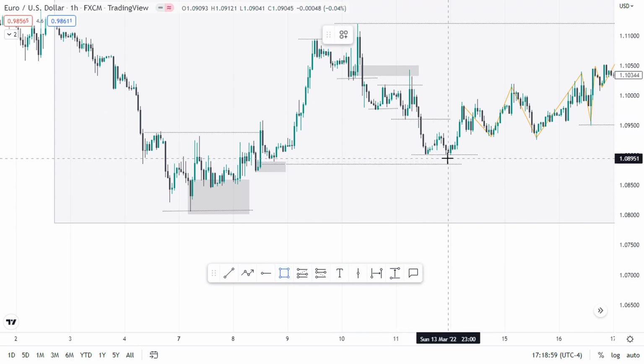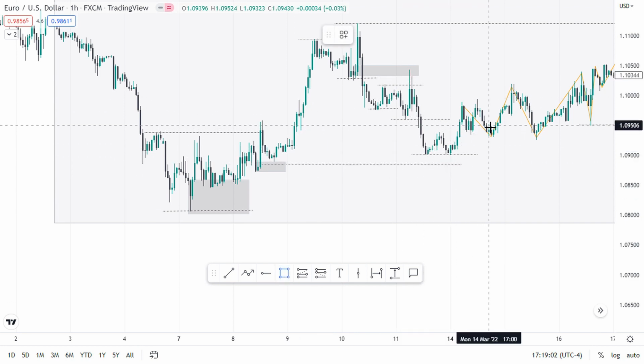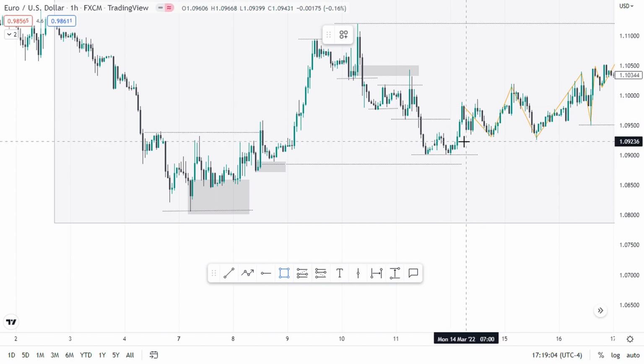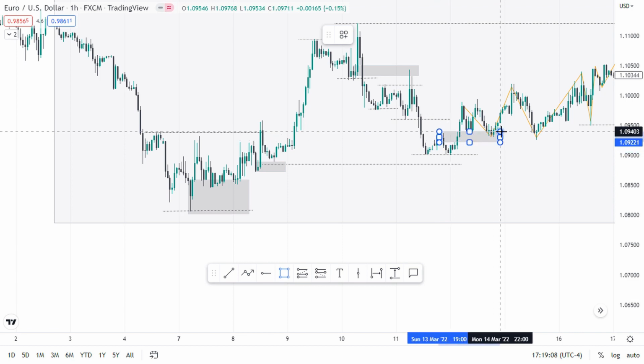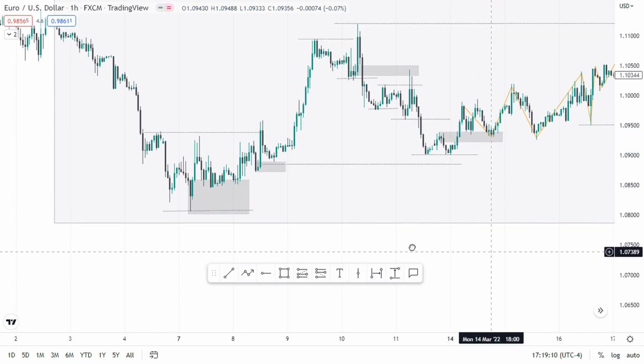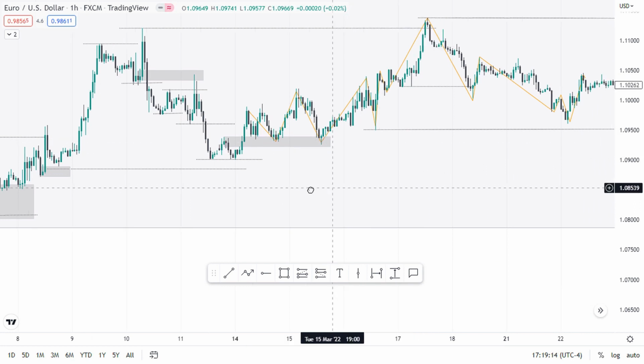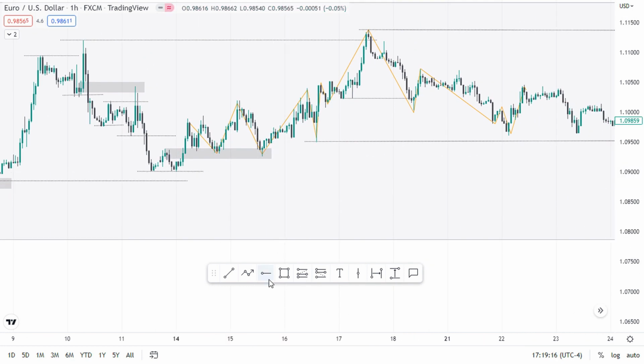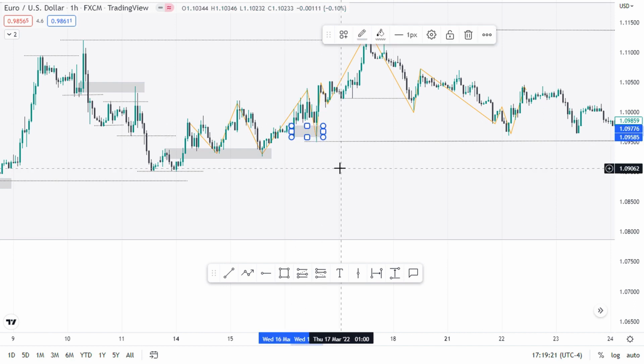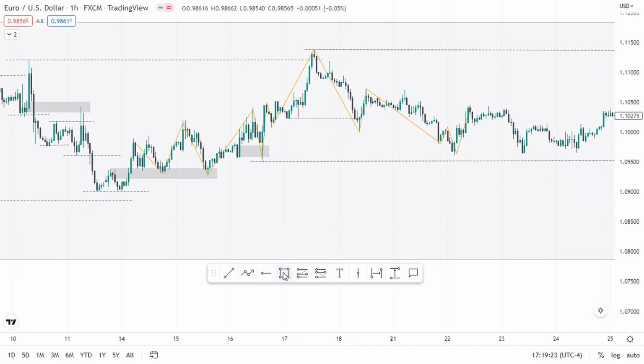And then it broke structure again, and then after this break of structure right here, what happened? Price came back to retest the breaker block. So right here it also retested the order block. Once again retested the order block.